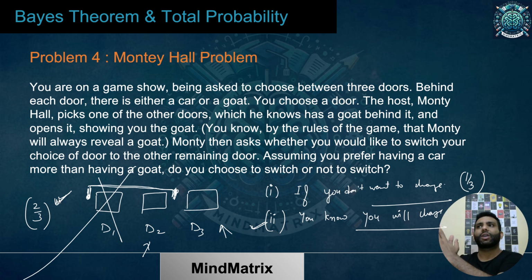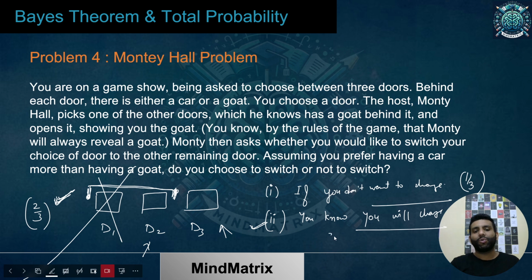Now, when I have chosen D3, I know the host will open either D1 or D2 for sure. And I had a confusion between D1 and D2 only. So because I knew I will change my decision, I am clear which one to go with. That's the way I have got a 2 by 3 chance of winning if I know I will change my decision. So 66% chances if I change.